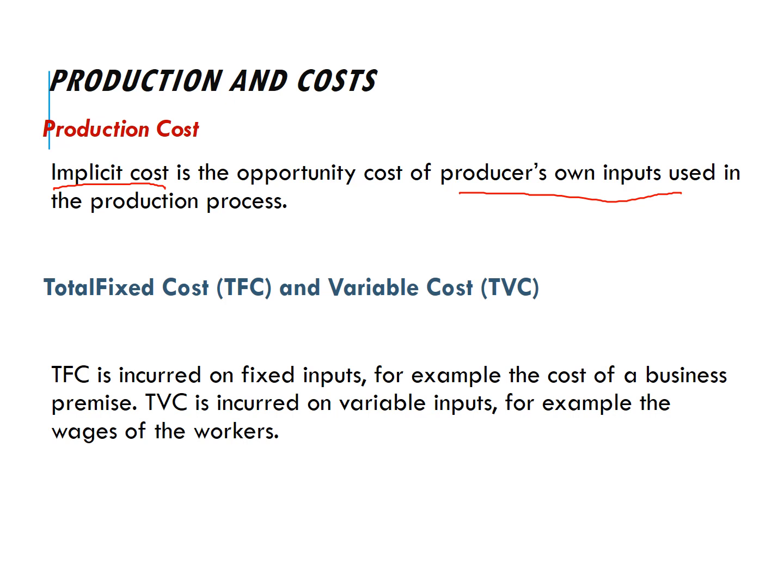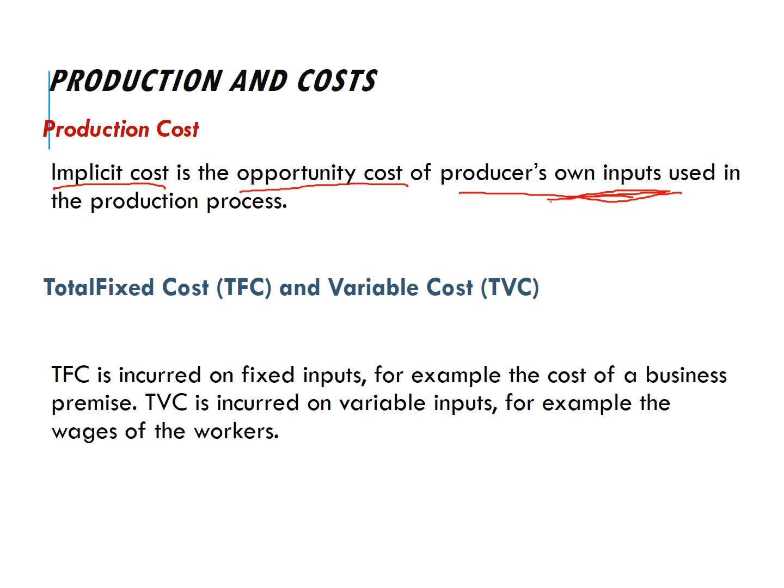But again, in economics, you have to take that cost into account. So the cost that you do not realize, the invisible cost, is the implicit cost, because you use your own input and you did not calculate the cost for that. This implicit cost is also known as opportunity cost.